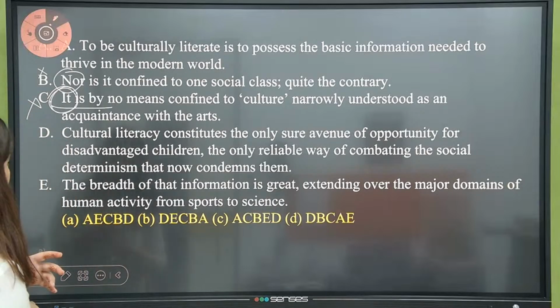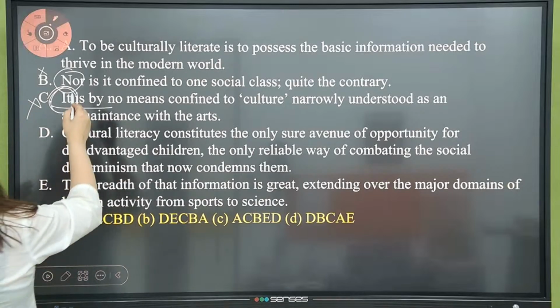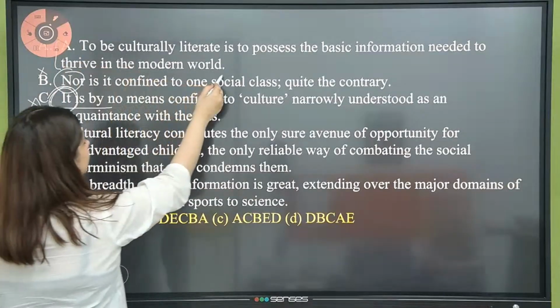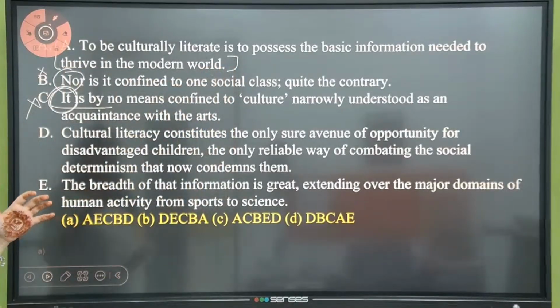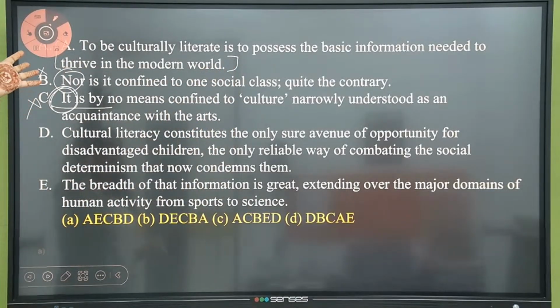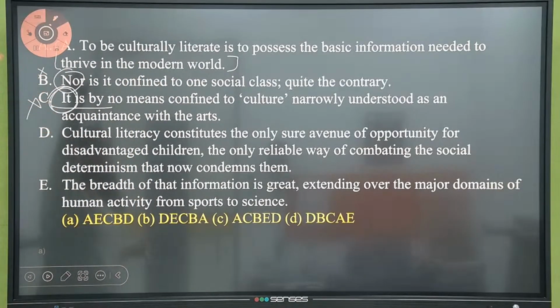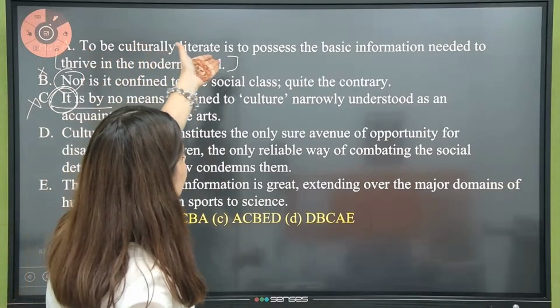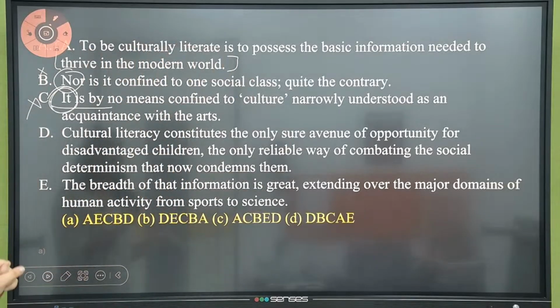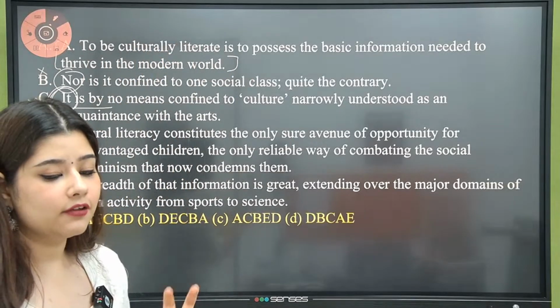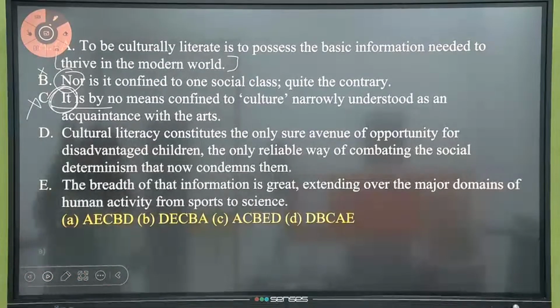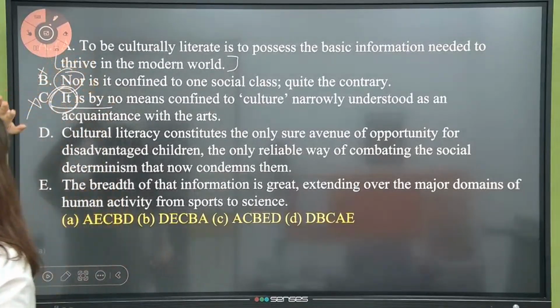Now, you need to understand here that A is introducing the topic of being culturally literate. It says to be culturally literate is to possess the basic information needed to thrive in the world. So far, A should be the introductory statement.